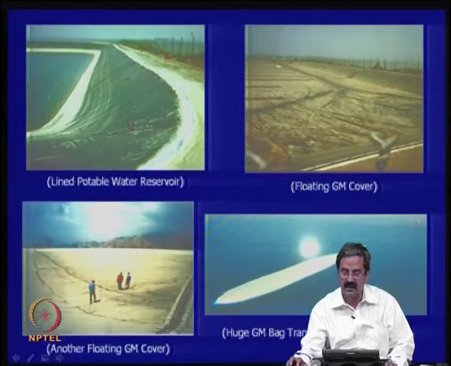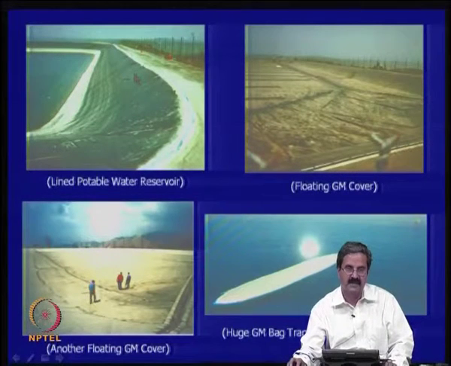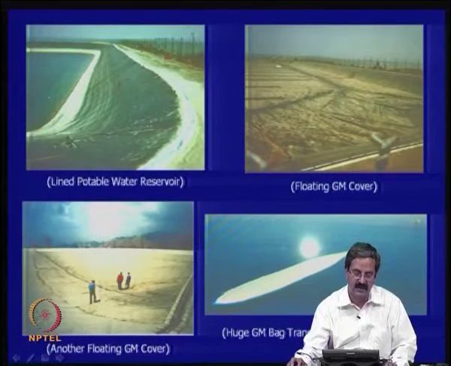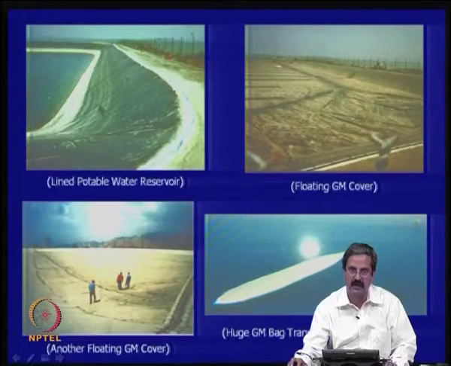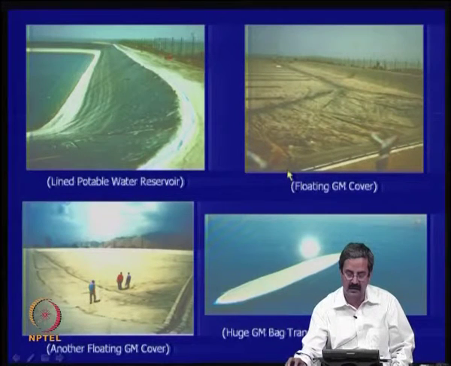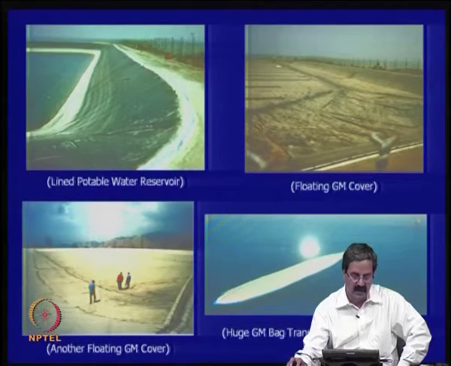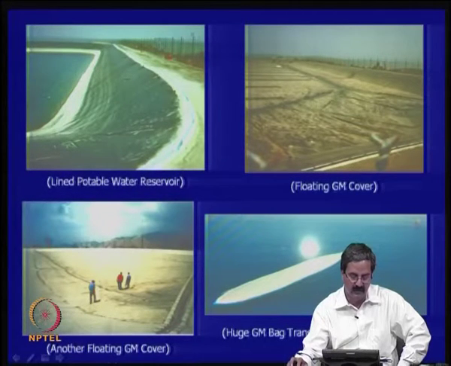Then you should be very careful, as I just mentioned earlier, the friction between the soil and geomembrane could be very low. So, it leads to some sort of floating, because with the slightest pressure it can get lifted up. So, one should be very careful, and that is the reason we have what are called floating failures, like a floating GM cover.